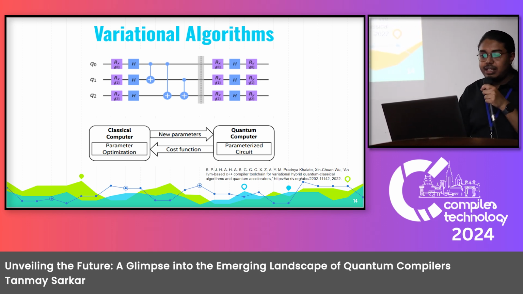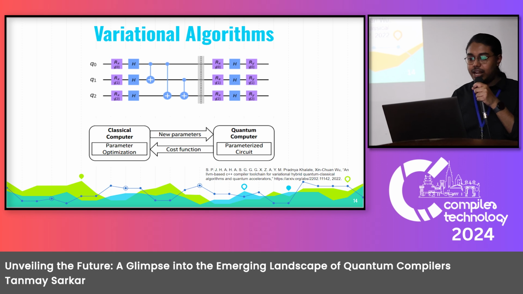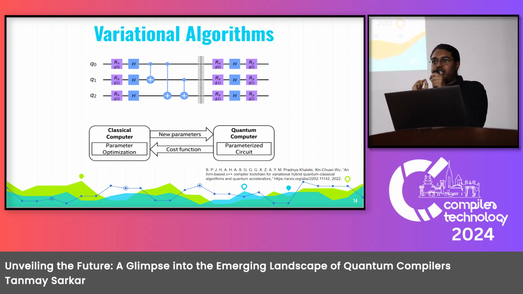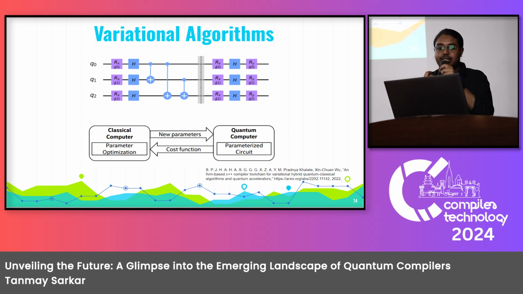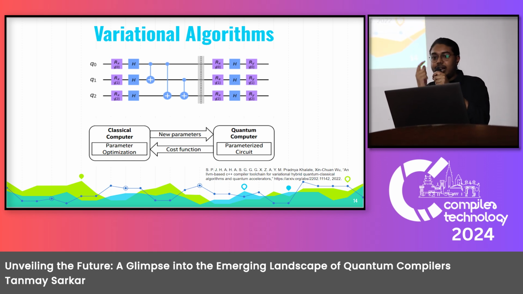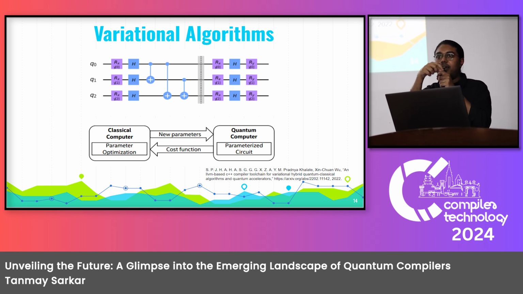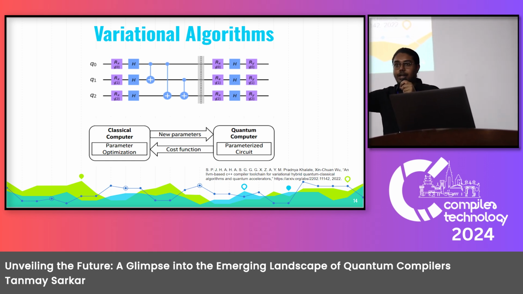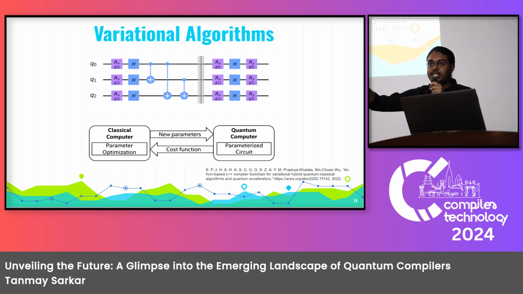What I mean by that is, these Rx gates, Ry gates, or Rz gates that you would see are basically rotations about the x-axis, y-axis, z-axis, and the angle of rotation is provided by a classical optimizer. Just like you have neural networks, they have certain weights, right?